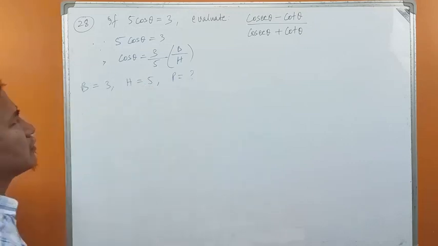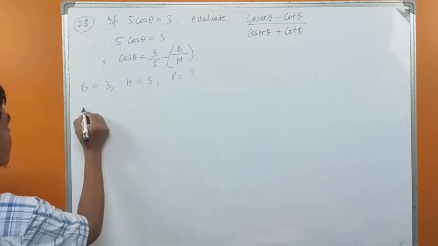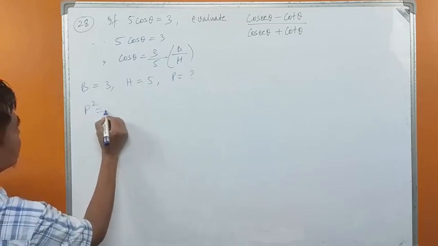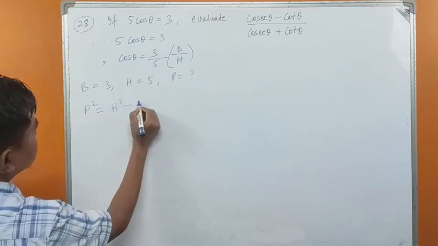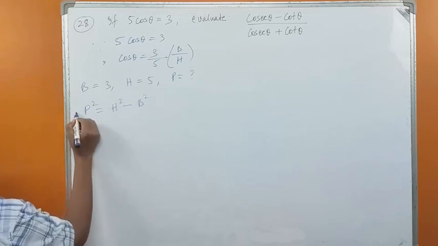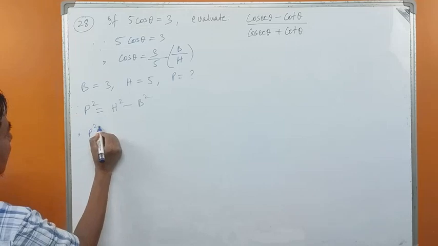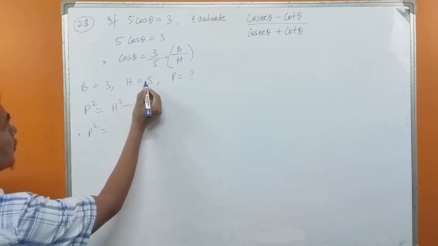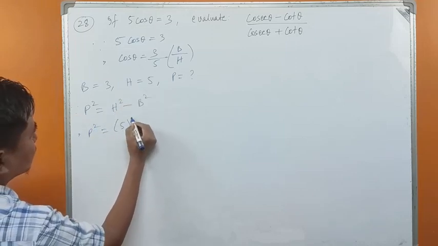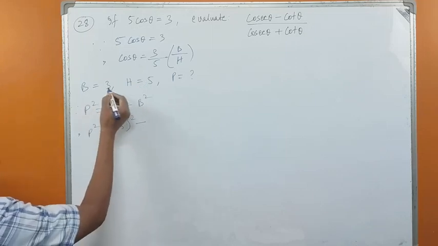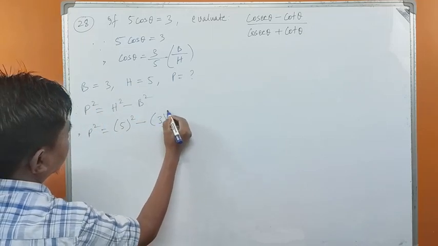Let us find the perpendicular by using the Pythagoras theorem. We know p square equals h square minus b square. Hypotenuse is 5, so 5 square minus, base is 3, 3 squared.